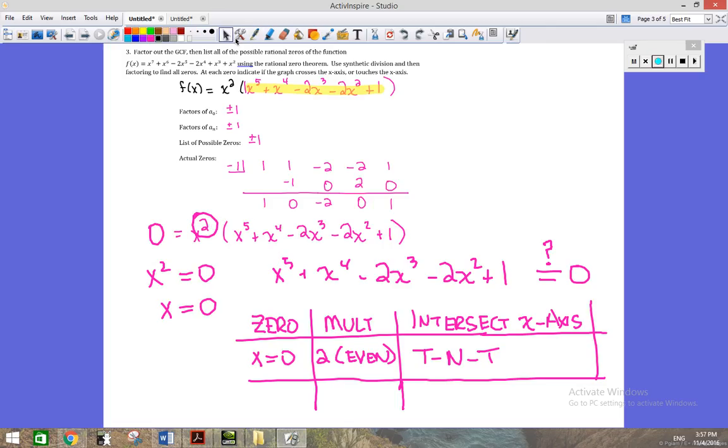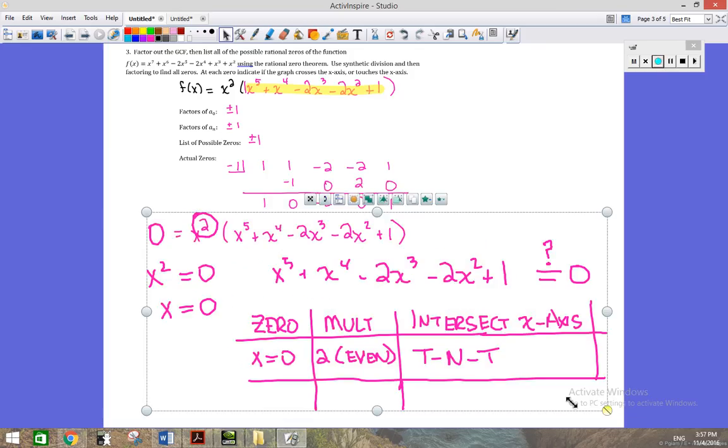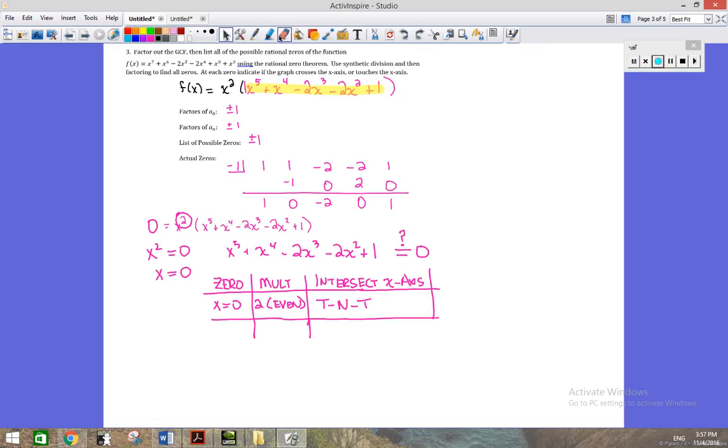The second factor, remember, we're aware of the leading coefficient test. We're aware that this polynomial function is of odd degree and a positive leading coefficient. Since the coefficient is positive, I know it's going up at the right, and since it's an odd degree, I know the end behavior is in opposite directions.